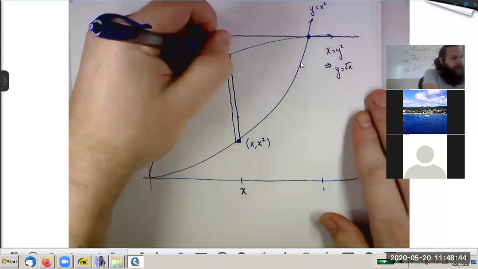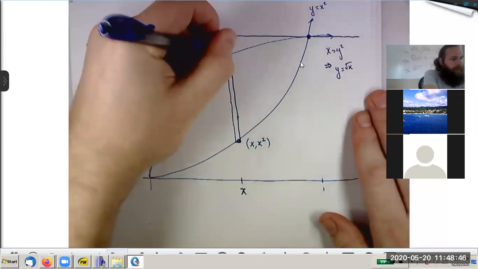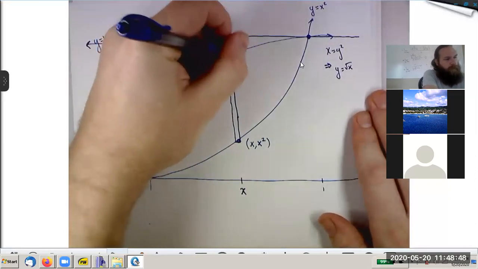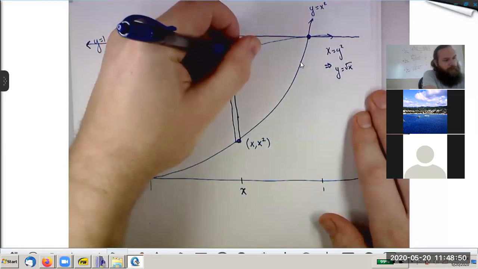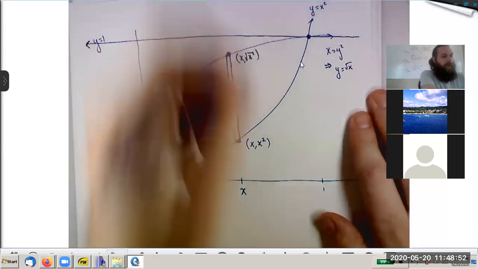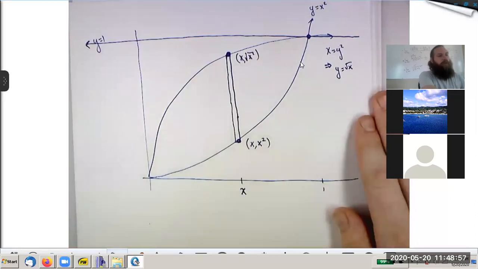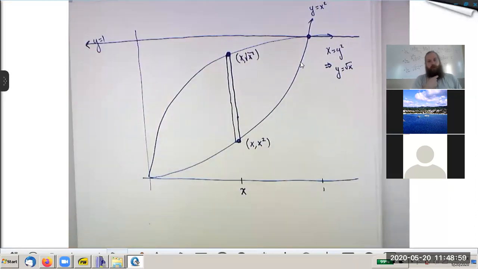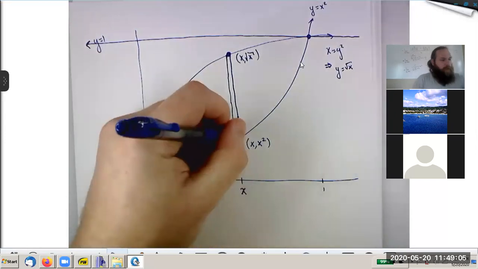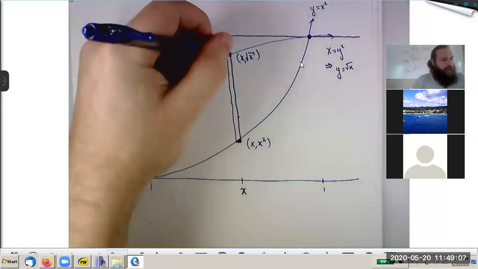And similarly up here, this point is x comma square root of x. Again, it's x comma y, but here y is the square root of x. So this is what it means to be on the graph y equals f of x. It's that every point is x comma f of x. So these are what two generic points along these curves look like.